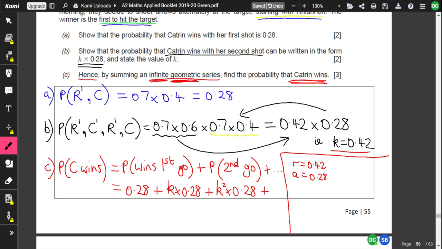So the sum to infinity is a over 1 minus r. So 0.28 over 1 minus 0.42, which you could write as a fraction, cancelled down, 14 over 29.